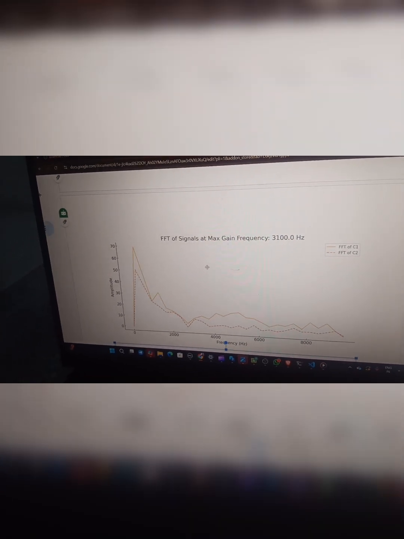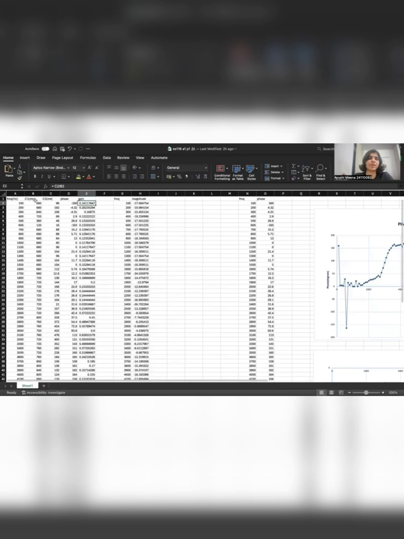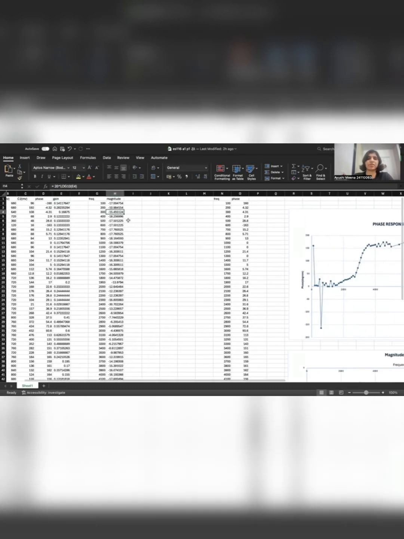And the third one is the FFT for the F0, which is the frequency at which our maximum gain is obtained. Frequency column, C1 as an input column, C2 as an output column, the phase difference, the gain, the magnitude which is 20 log gain.